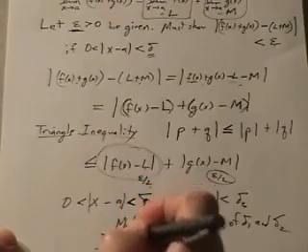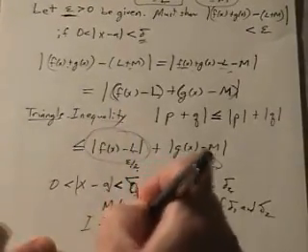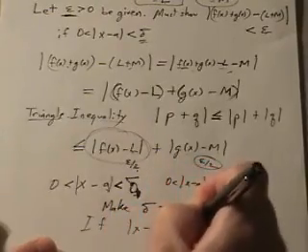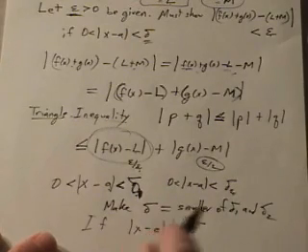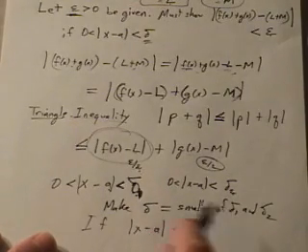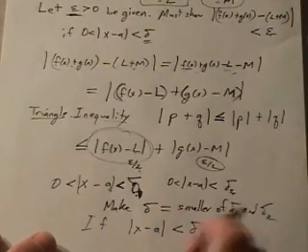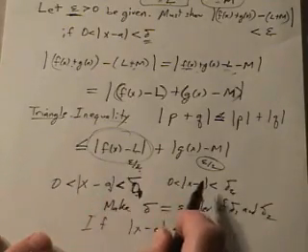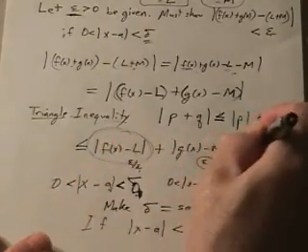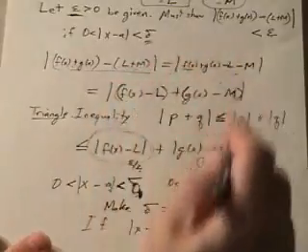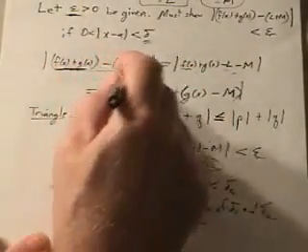If the distance from x to a is smaller than delta, then automatically the distance from x to a is smaller than or equal to delta 1, and the distance from x to a is smaller than or equal to delta 2, and that will make both of these true, which makes both of these less than epsilon over 2, which makes the sum less than epsilon, which means that this is less than epsilon, and this is the distance from the sum function to its limit.